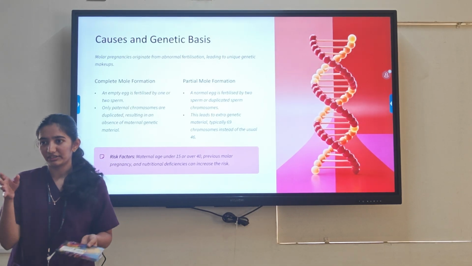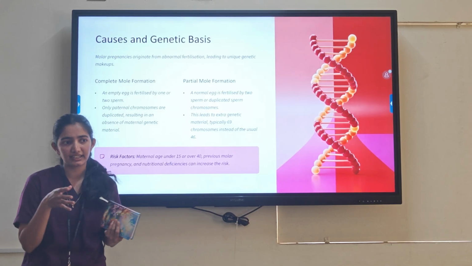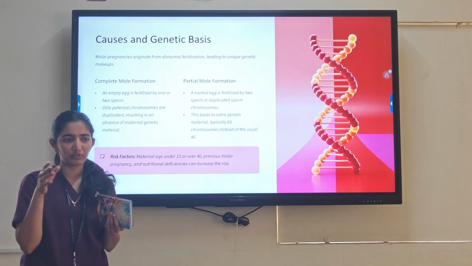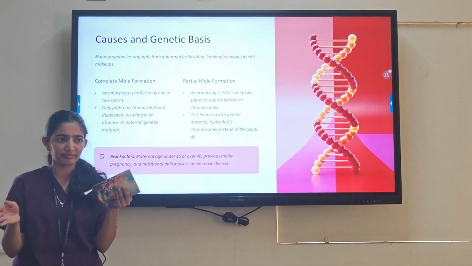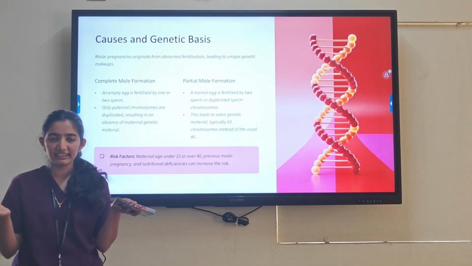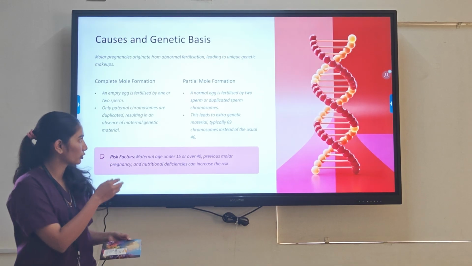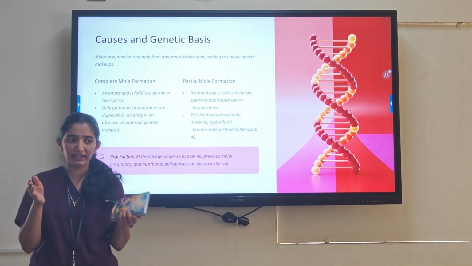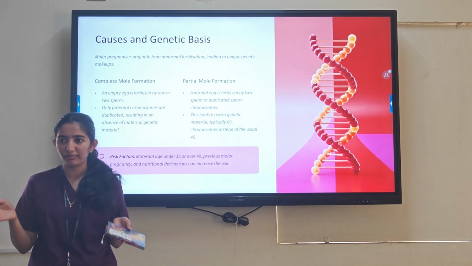As we know, how many chromosomes does a normal human cell have? Actually, it has 46, paired like 23 and 23. Of those, 22 pairs are autosomes and one pair is the sex chromosomes, XX for female and XY for male.